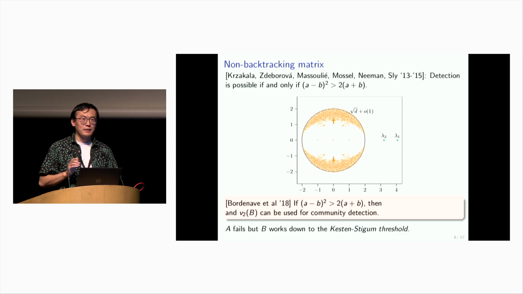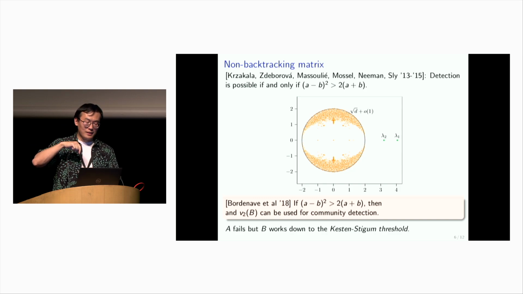You mean, okay, for the beta Hessian, we don't reach the threshold of the eigenvector, but I can explain for the non-backtracking matrix that when you are below the threshold, you can relate the stochastic block model question to a question called broadcasting on trees, which basically means you want to infer the root label by looking at a process on the Galton-Watson tree and looking at the leaves of that tree.